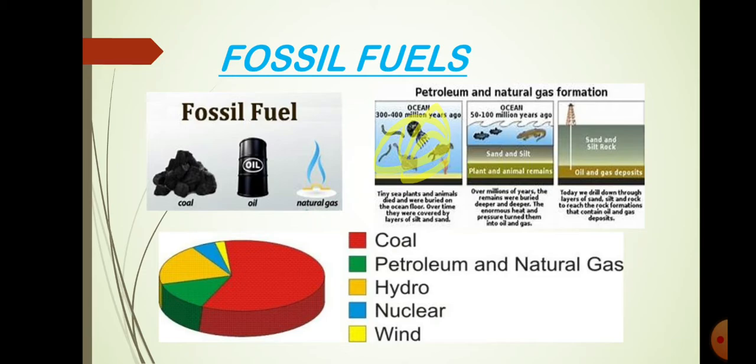Even in the ocean, the sand and silt, that is the remains of plants and animals over millions of years ago, the remains were buried deeper and deeper, and an enormous amount of heat and pressure turned them into oil and gas.